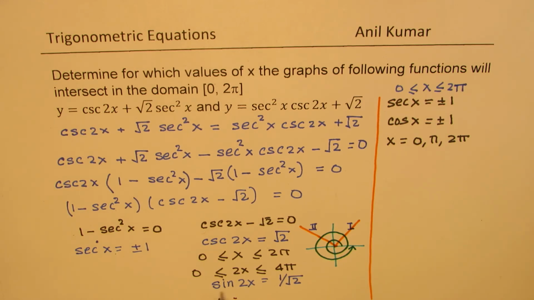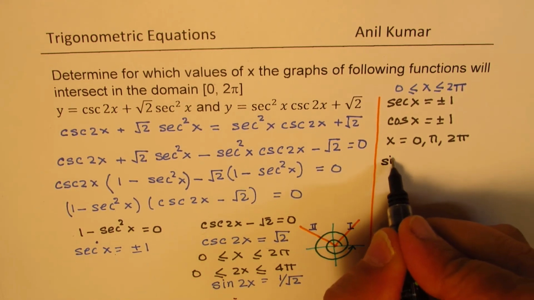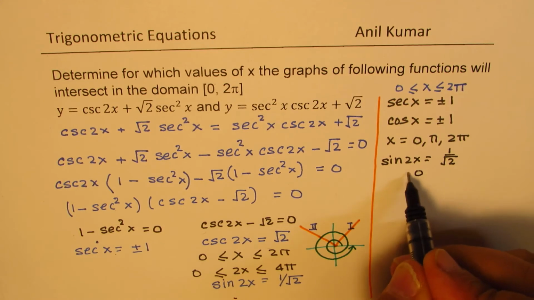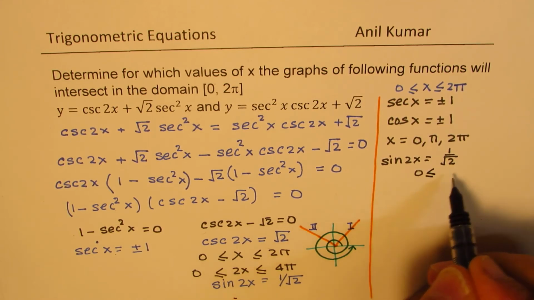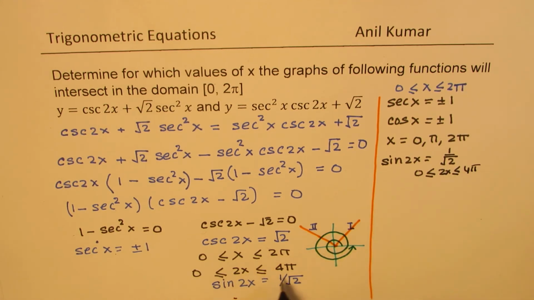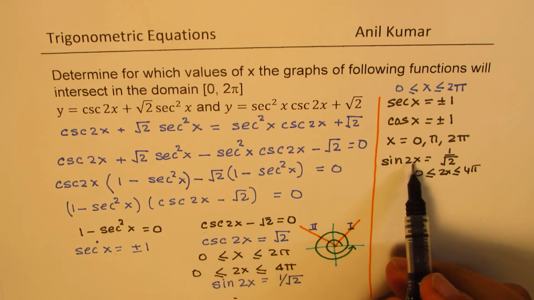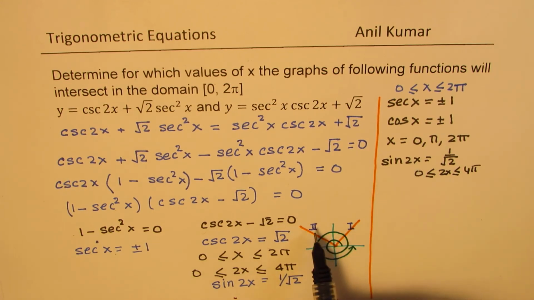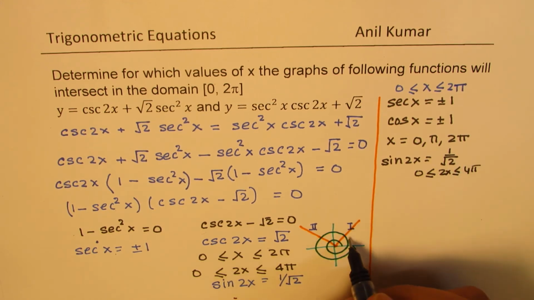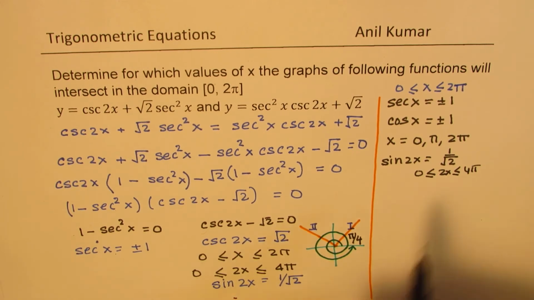We'll work on this equation, sine 2x equals 1 over square root 2, in the interval where 2x is between 0 to 4 pi as explained. Sine 2x is positive in quadrant 1 and 2, and 1 over square root 2 is for the angle of pi by 4, the special triangle.